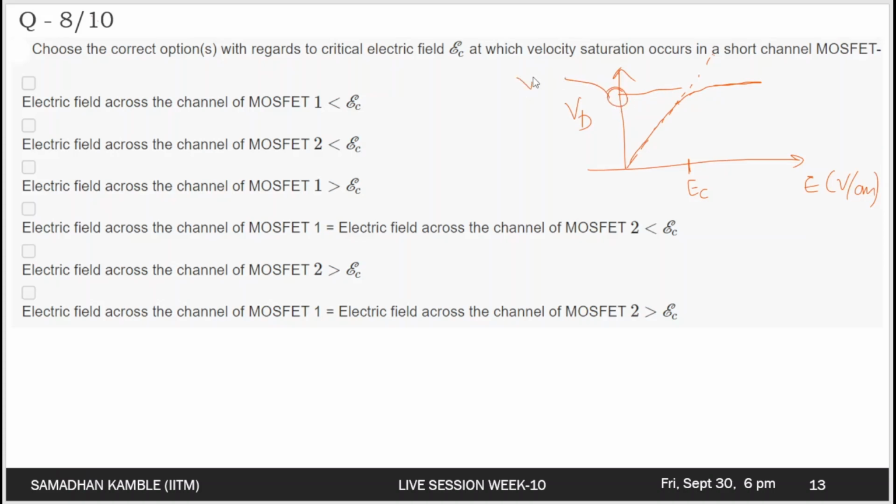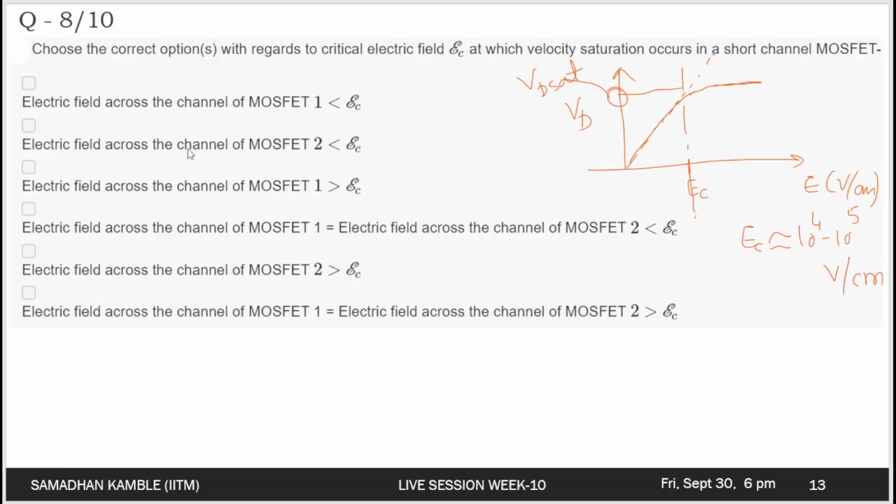This is VD saturation, and this is a particular EC. Now they have asked it for two different channels, short and long channel, and this EC is around 10 to the power 4 to 10 to the power 5 volt per centimeter generally.